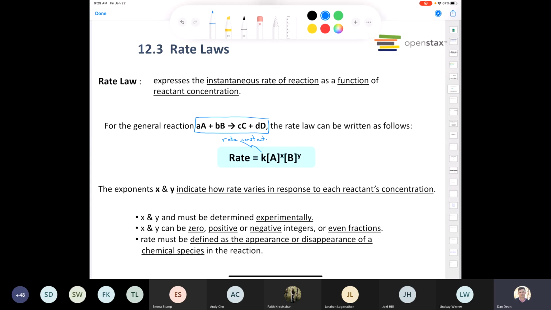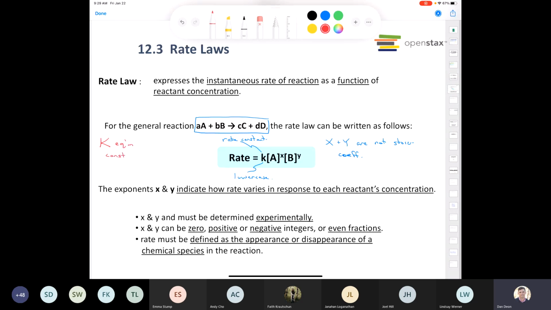Now, it's important that you note that x and y are not stoichiometric coefficients. These are not the coefficients from the reaction. Another thing that's important to notice is that this k is lowercase, because later on we're going to look at uppercase K, the big K, which we call an equilibrium constant.